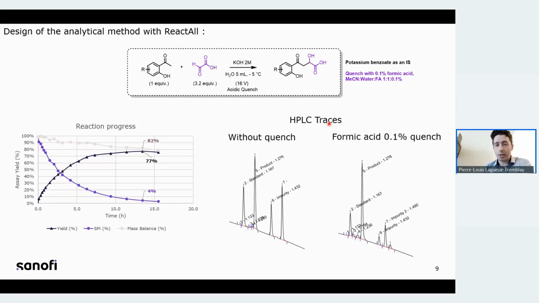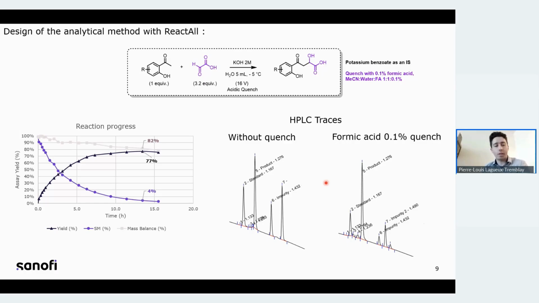And we can see that without the quench, the HPLC profile is much more messy compared to the quench with formic acid. We have a much more reliable way of studying this reaction, and the product formation is also higher compared to the impurities in that case.